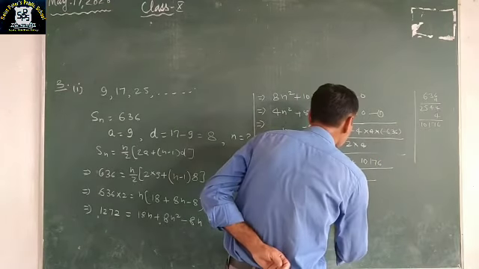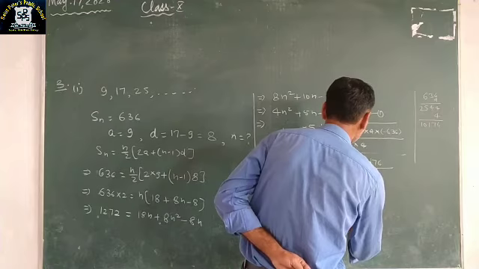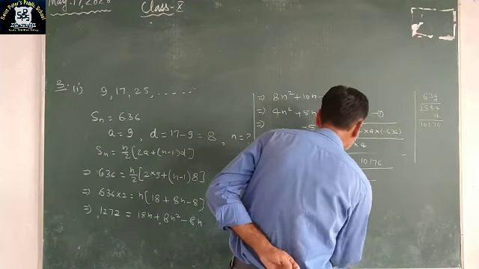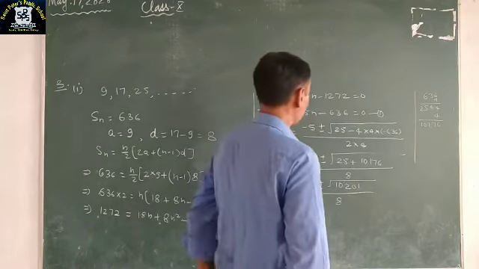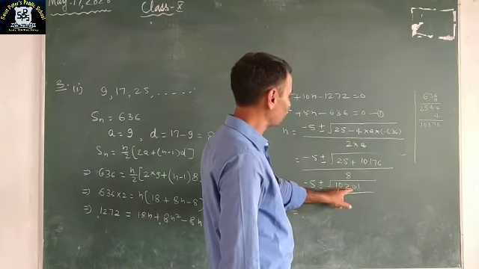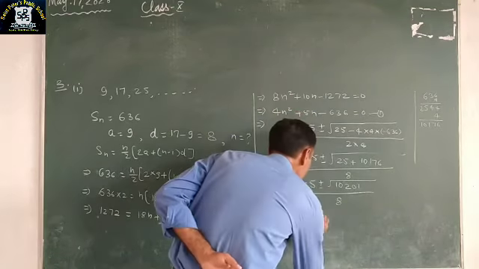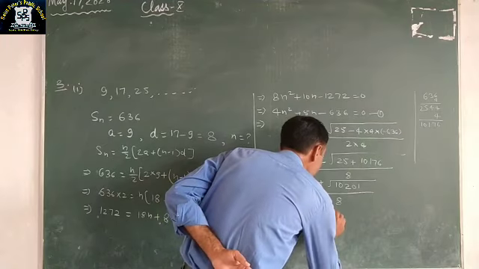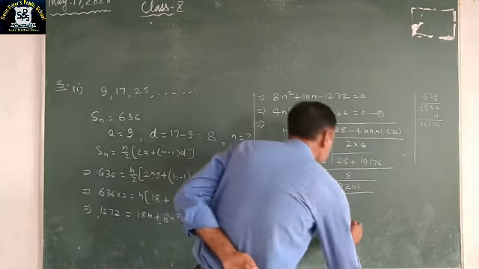it will be 10201 divided by 8, and the square root of 10,201 is 101. So minus 5 plus minus 101 divided by 8.